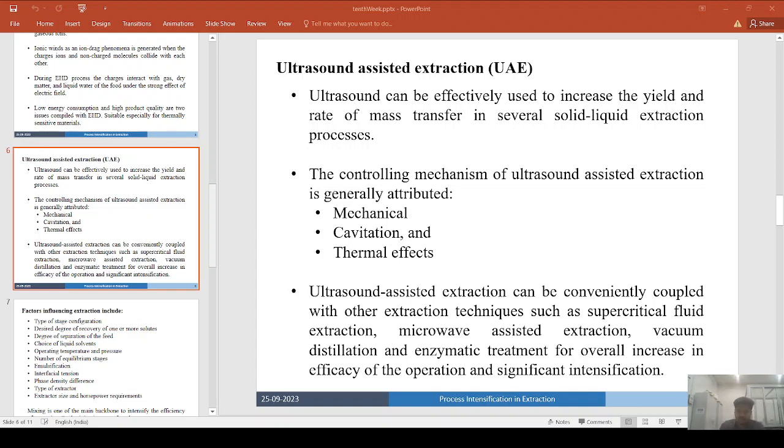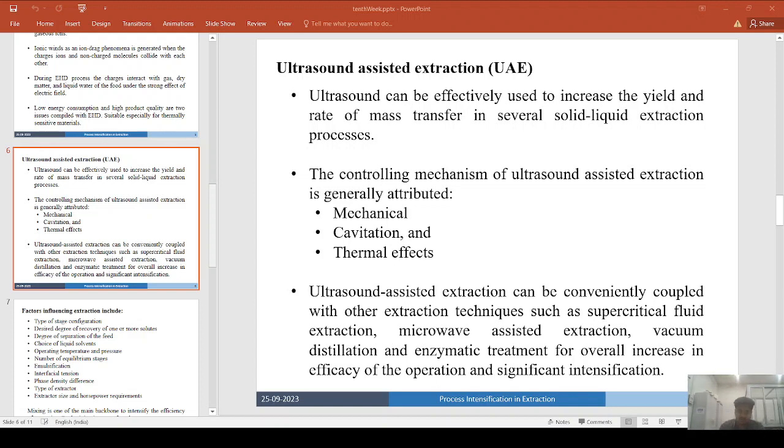Another example is the extraction of biophenols from olive leaves, using a probe type ultrasonic equipment operated at 25 kilohertz. The ultrasound assisted extraction for 25 minutes gave the same yield as the 24-hour conventional method. So this is a very significant reduction.